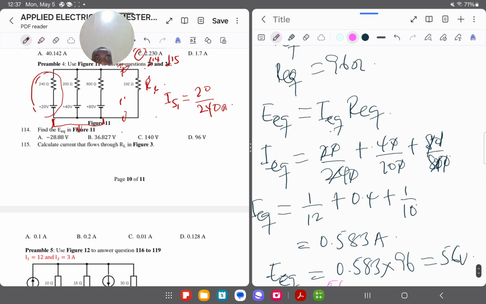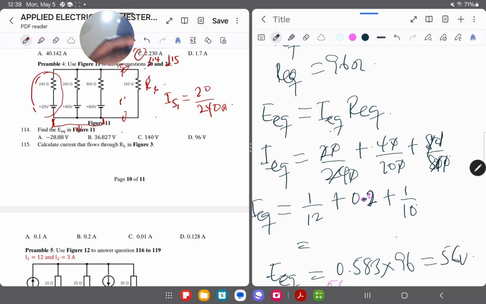I think it's here, this part. Here we have 40 divided by 200. Taking 40 divided by 200 is 0.2, not 0.4. So here you have to be careful. Here is 0.2. So meaning this answer will now change.